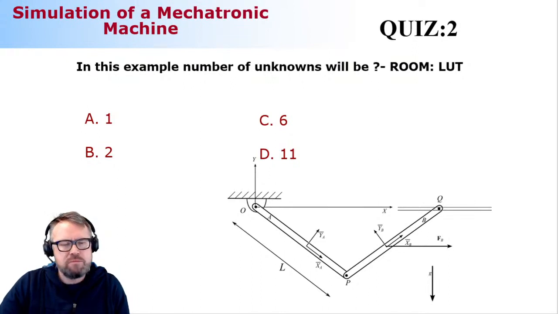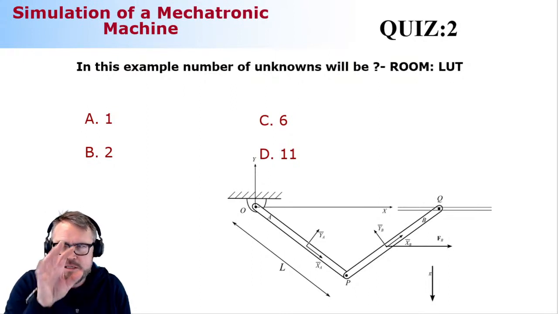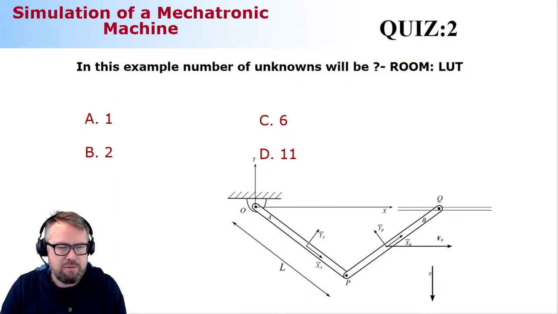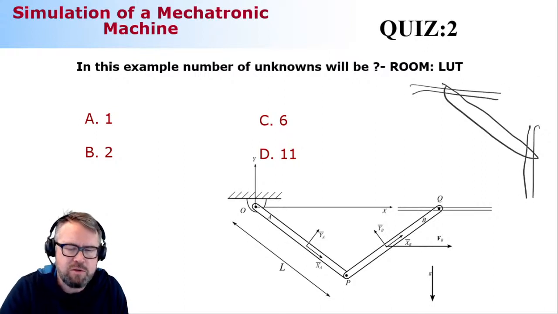One was this crankshaft mechanism, missing the piston, but other than that, it's a crankshaft mechanism. I think I asked this last time too. So how many unknowns do we have in this case? Another example we discussed, which I'm not asking here, was this simple pendulum, where a beam-like body is connected to ground with a revolute joint here, and another revolute joint here.